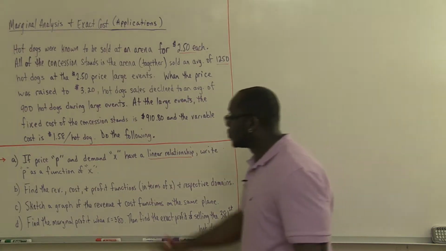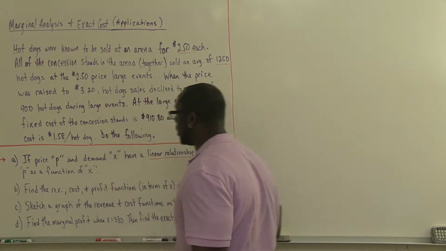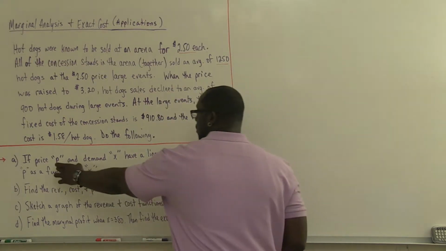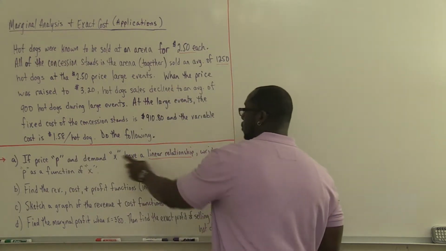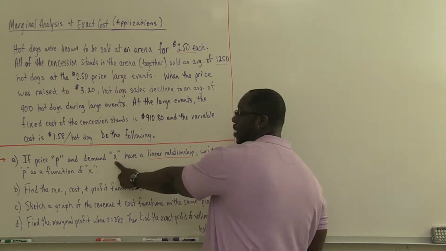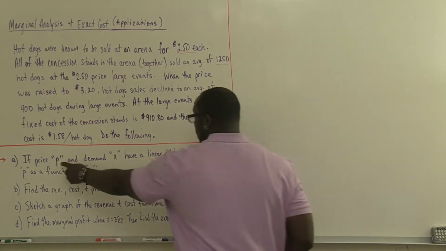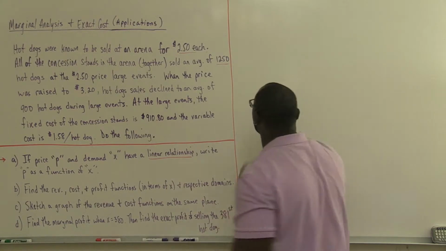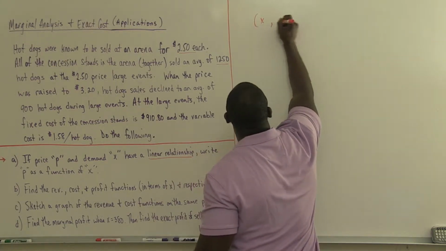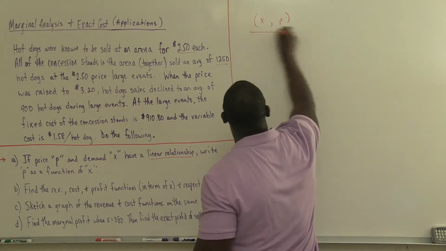So since we know that price and demand are going to be related to one another linearly, we know that our demand is going to be our independent variable and our price is going to be our dependent variable. So when we make our points, we need to make them look like this.